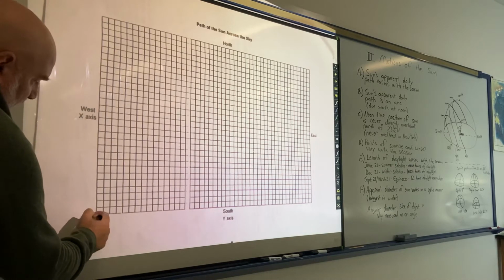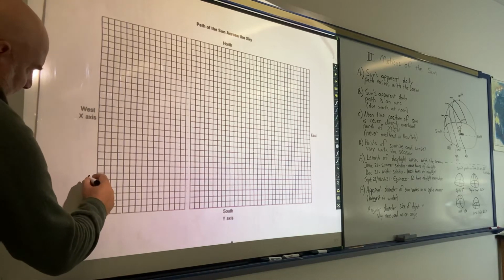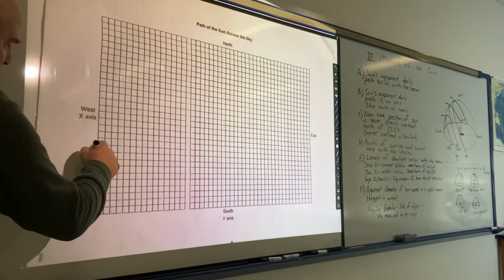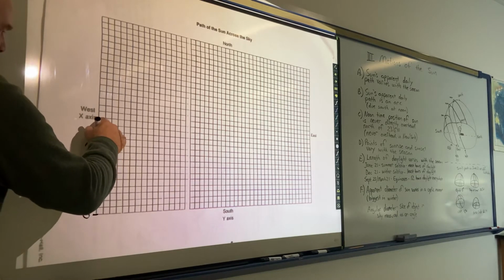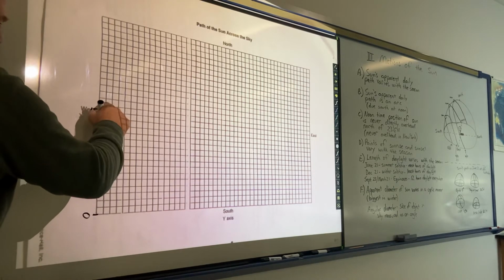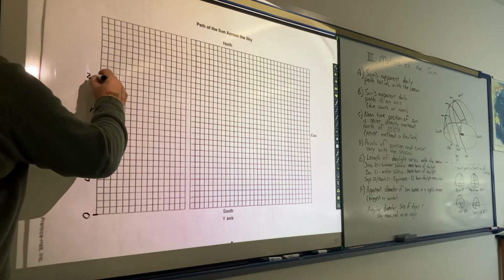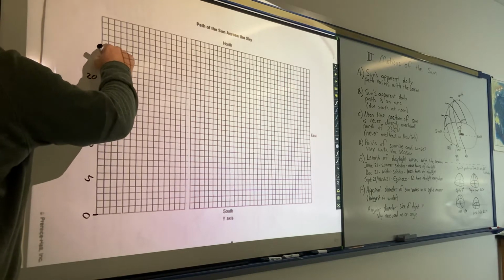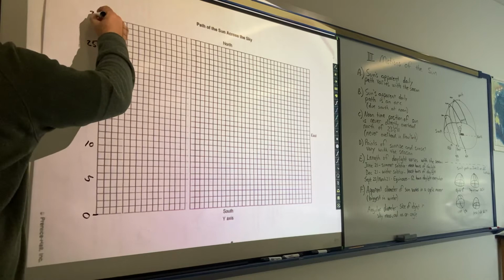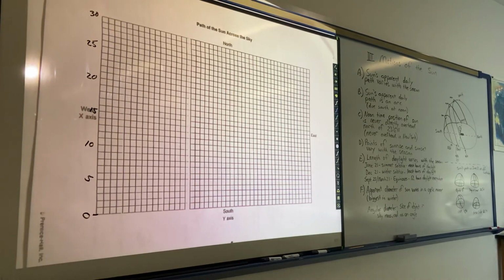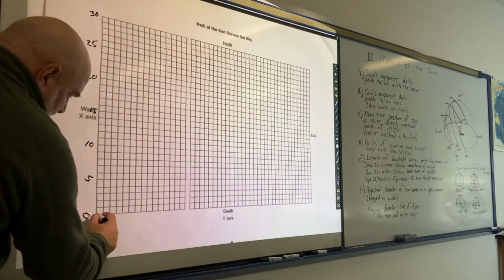So I can go 0, 1, 2, 3, 4, 5, and so on up to 25. All right, so there's my numbers on the side. Same thing on the bottom.